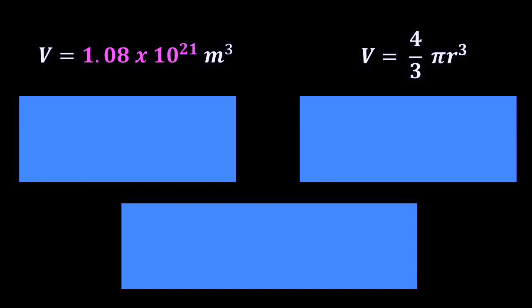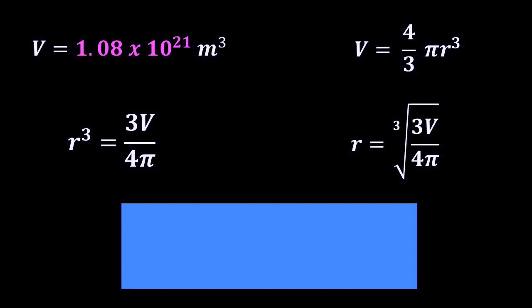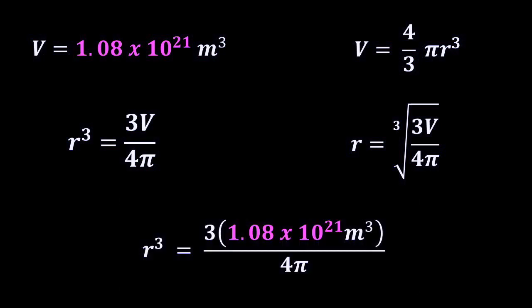There's the general volume of a sphere, and if we solve for cubic radius, that's the expression. Then we're going to take the cube root to solve for just the radius. We know the cubic radius is going to equal 3 times the volume divided by 4 pi.